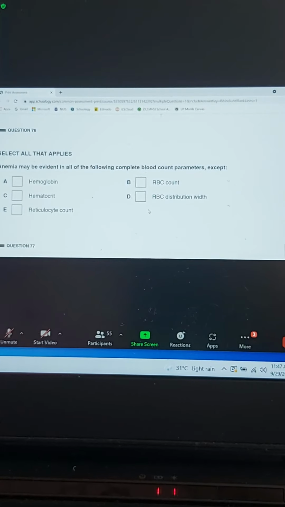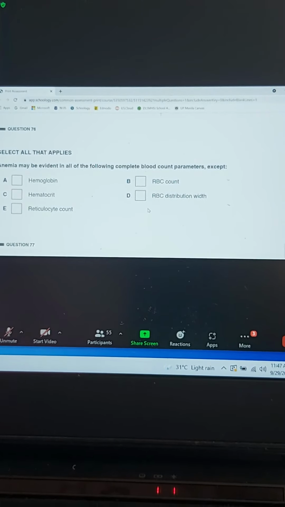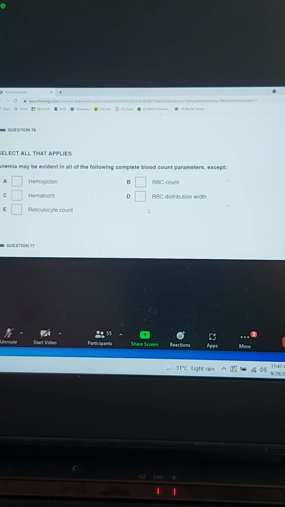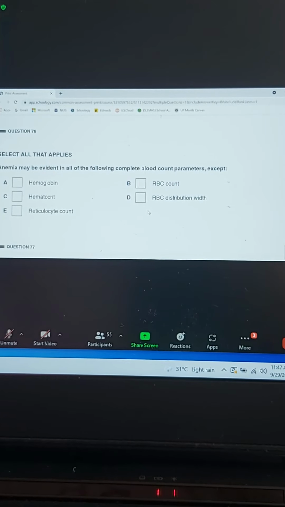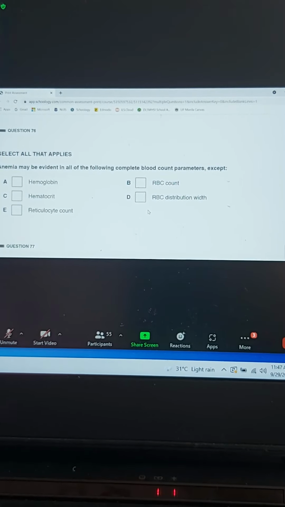Anong sagot, class? Nakuha ba yung tanong? Anemia may be evident in all of the following CBC parameters except. So kapag tinignan mo yung mga results nitong mga parameters na to, alam mo agad na may anemia. Okay, except for alin dito. Letter D po. Letter B. Distribution width.